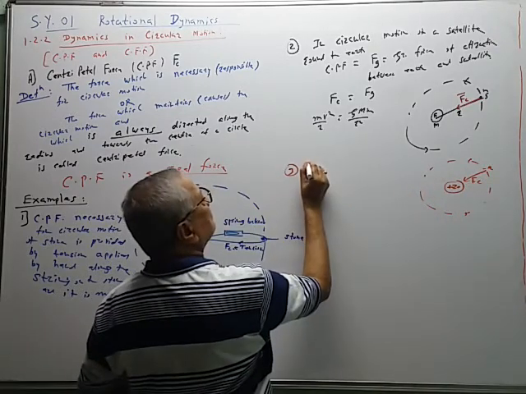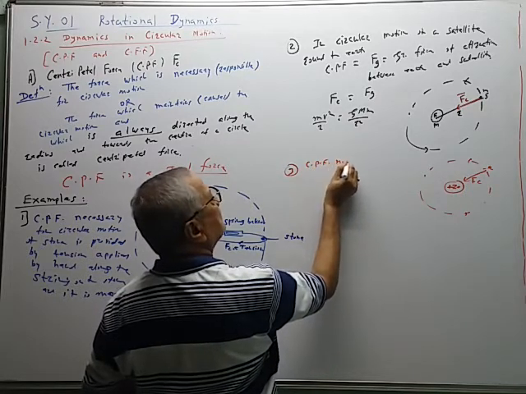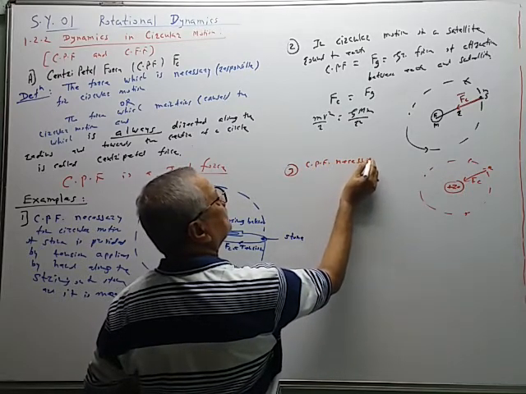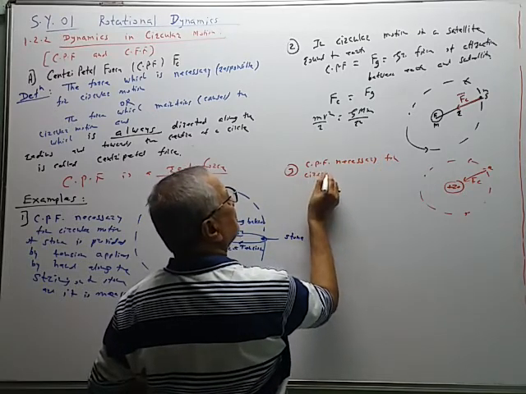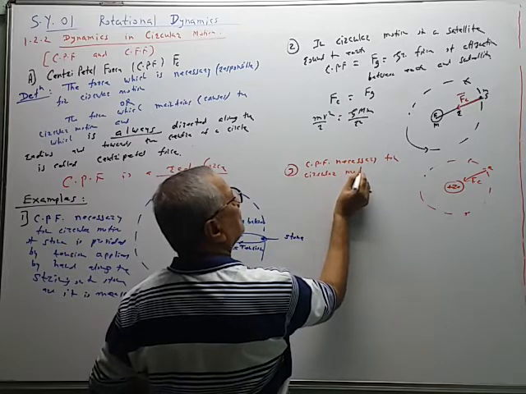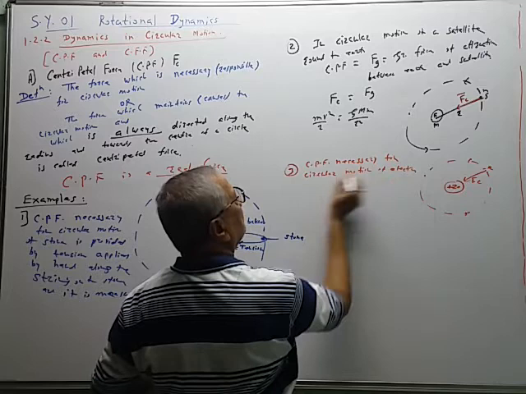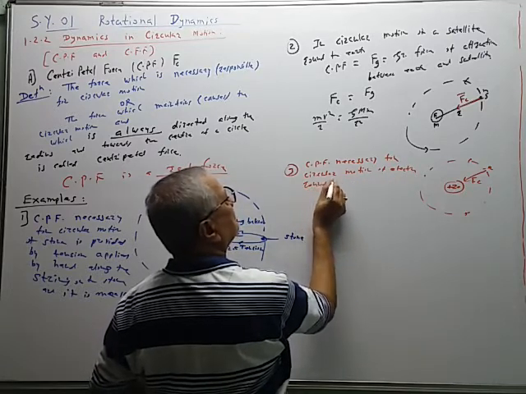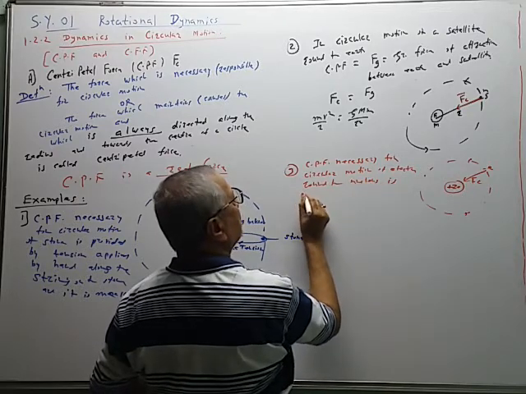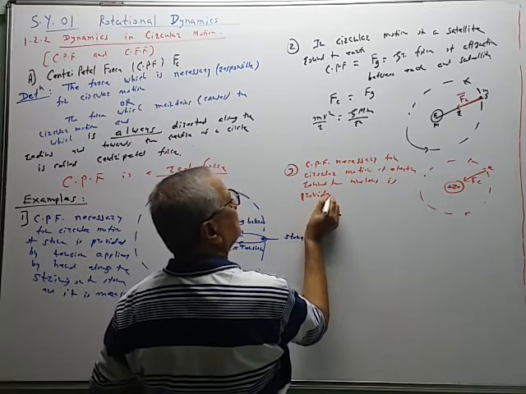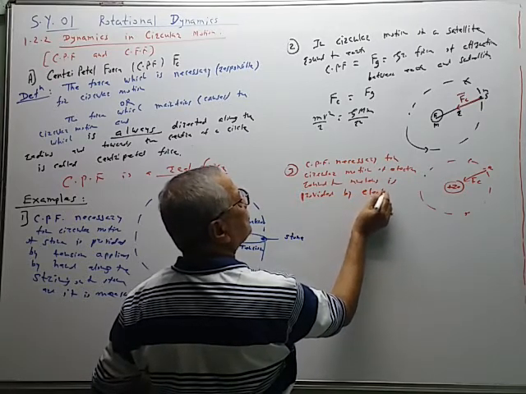So the centripetal force necessary for circular motion of the electron around the nucleus is provided by electrostatic force.